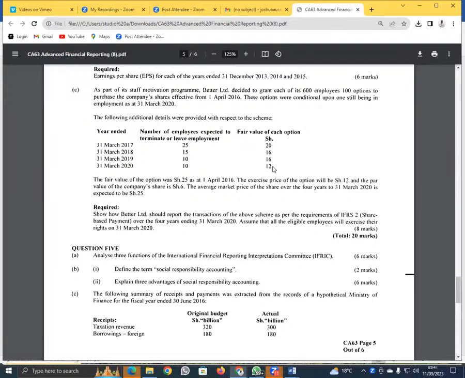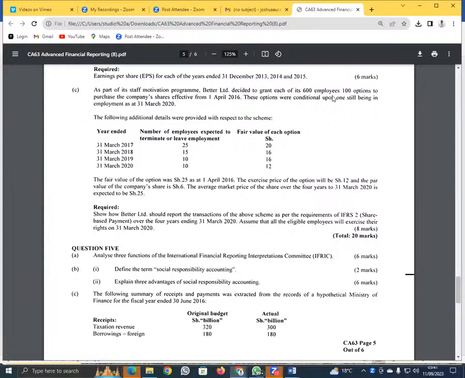I will stick with the fair value as at the grant date to the end. So what is it that these guys are promised? We are told that Better Limited decided to grant each of its 600 employees 100 options to purchase the company's shares.